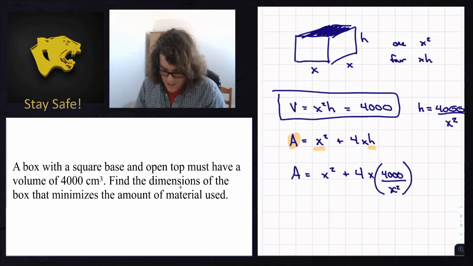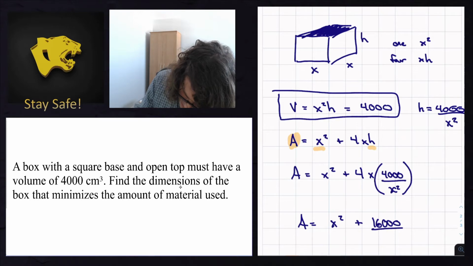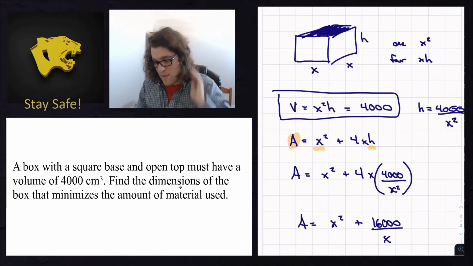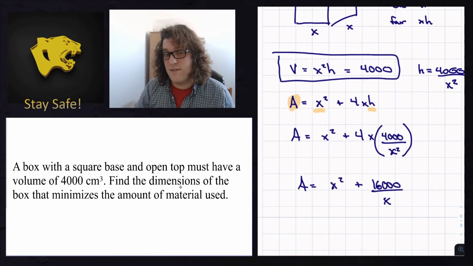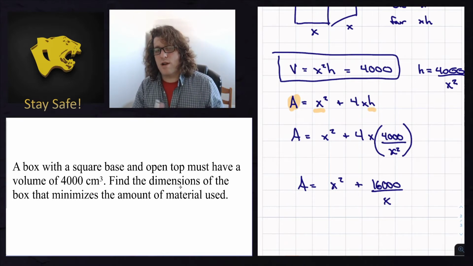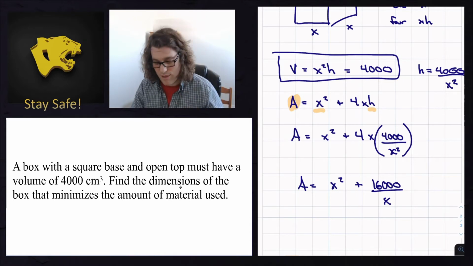All right, so now I do have an equation that describes my area only in terms of one variable, so that's the x variable. h is still built in there, because that's how we got that second term, the 16,000 divided by x. But we've expressed it so that if we change just x right now, we can see what the effect is on that area.